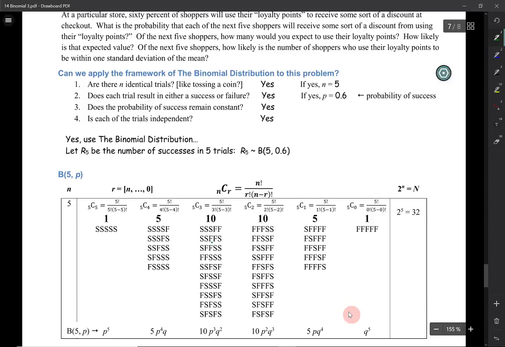This is the binomial with 5 and 0.2, 5 and 0.3, 5 and 0.4, 5 and 0.5, 5 and 0.6, 5 and 0.7, 5 and 0.8, and 5 and 0.9, and then that's the end. So this is a tour of one of the subfamilies of the binomial.